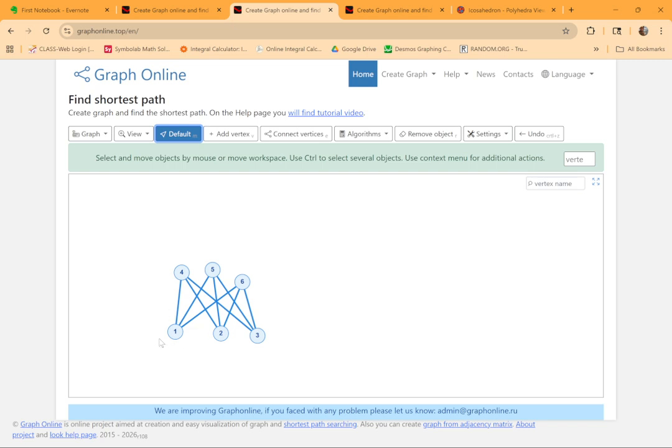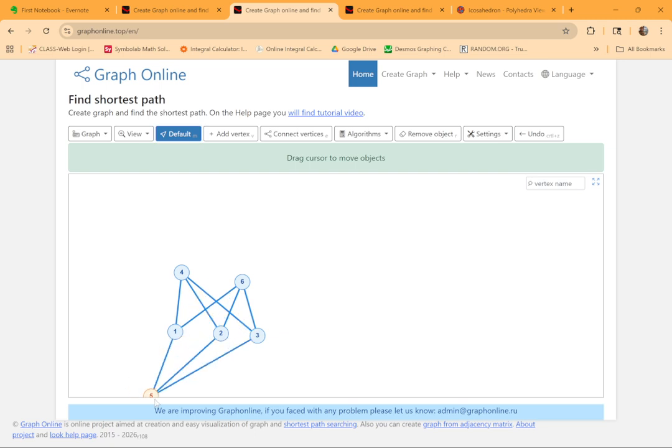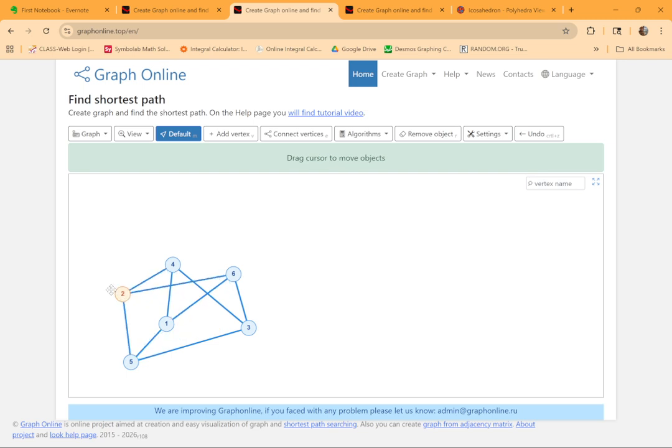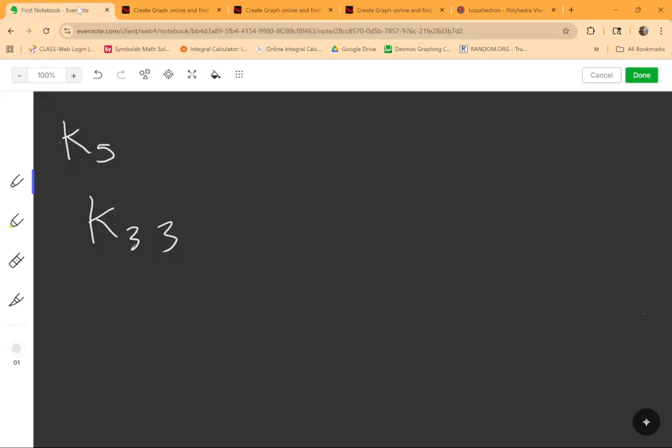This one is a complete bipartite graph in the sense that each vertex in the set 1, 2, 3 goes to the other 3, or vice versa, however you want to think of it. And again, the notion here is that there is no way that this is planar. So I am going to arrive at that notion.